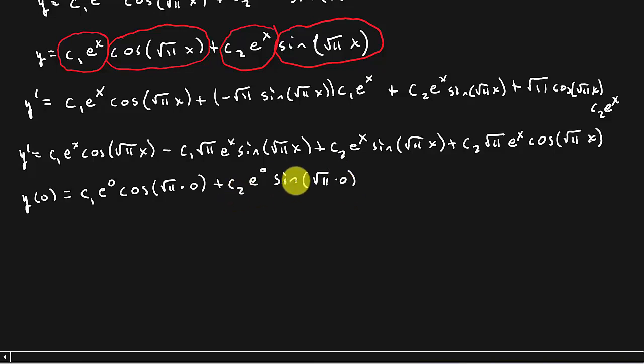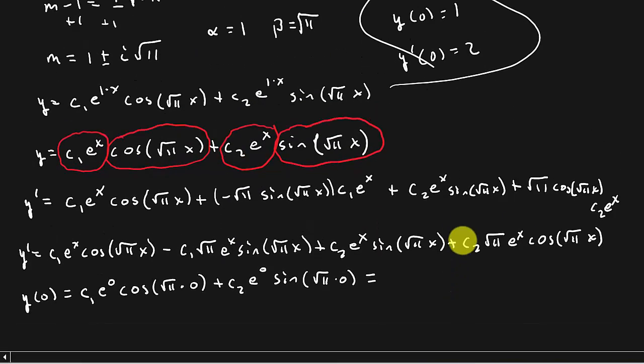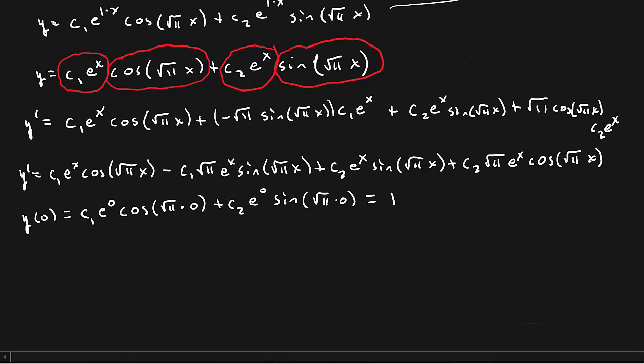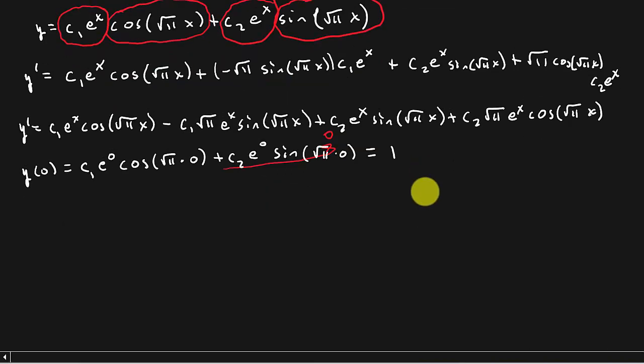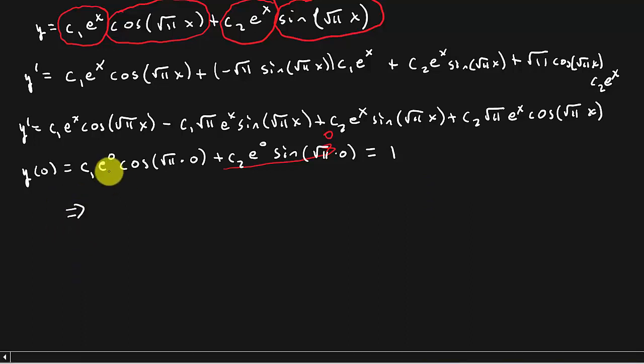Now, thankfully, that equals 1. And thankfully, this right here goes to 0 because sine of 0 is 0. Now, this right here, that's e to the 0 is 1. Cosine of 0 is 1. And so this tells us C1 is equal to 1.